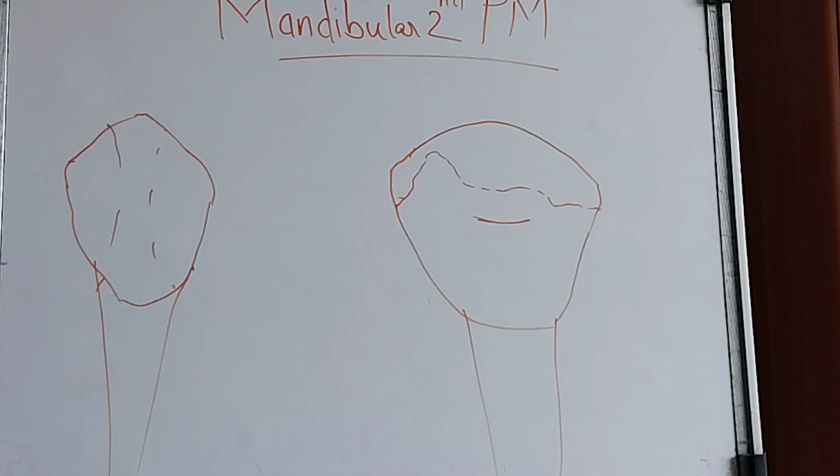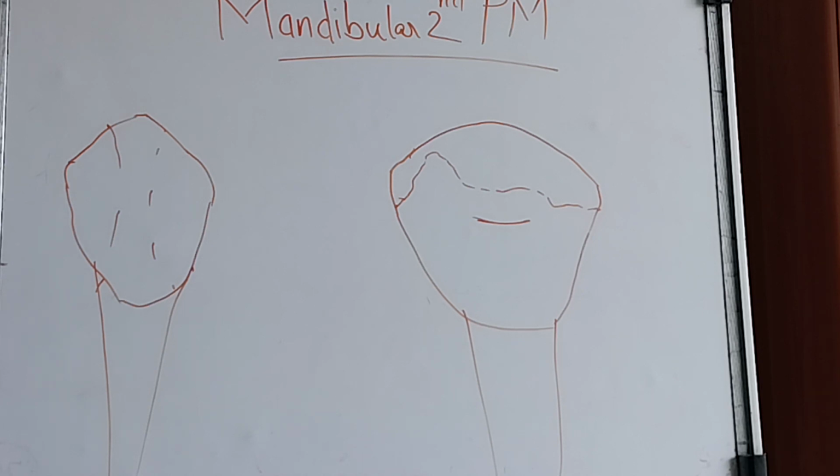So they function more like molars. As I have already told, the first mandibular premolar looks more similar to the canines, and its function is also more like the canines. But the second premolars, mandibular or maxillary, function more like a molar.